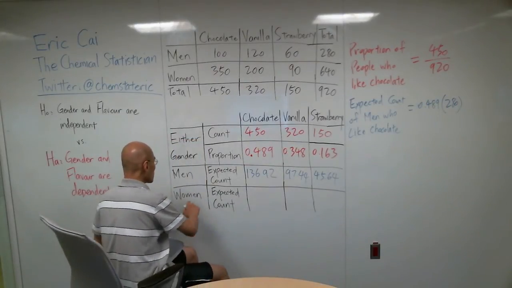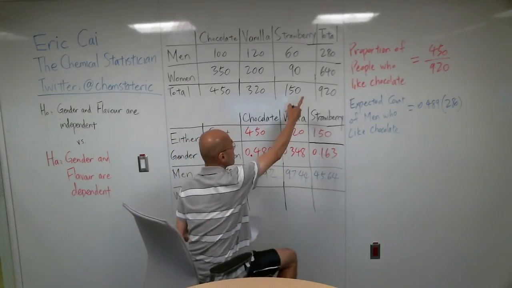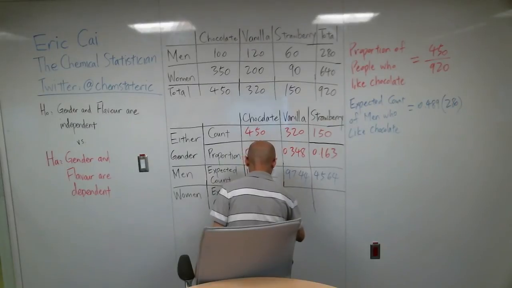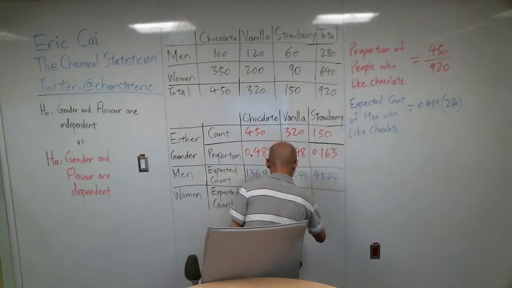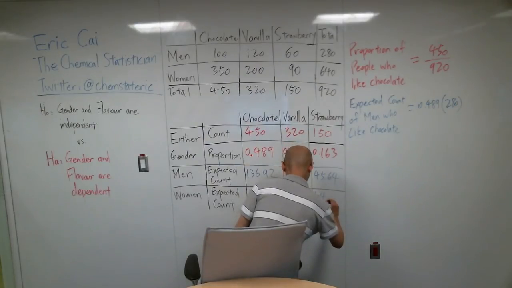And if you do the same calculations for women, just multiply these proportions by 640, and you will get 312.96, 222.72, 104.32.